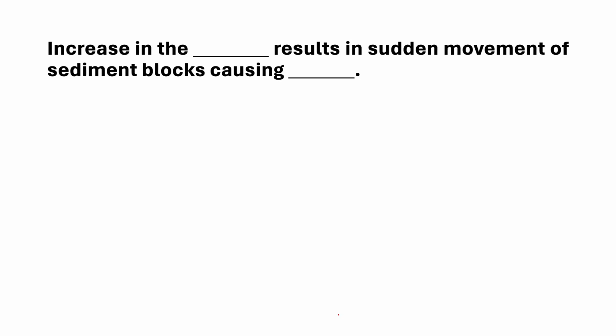What will increase which will result in the sudden movement of sediment blocks, which eventually results in something else? Think in terms of earthquake because your topic is on earthquake.